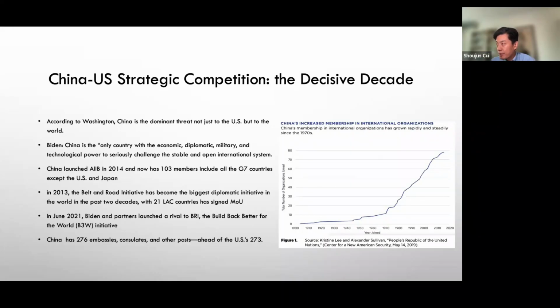And right now, China is the largest contributor to the United Nations peacekeeping project. And China is also a top contributor to the WHO and many other international organizations. That shows that China is much more accepted by the international community compared with a decade ago.